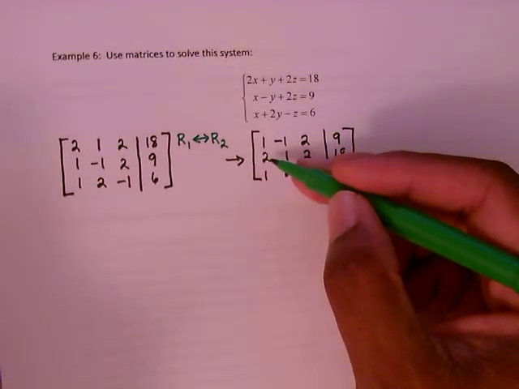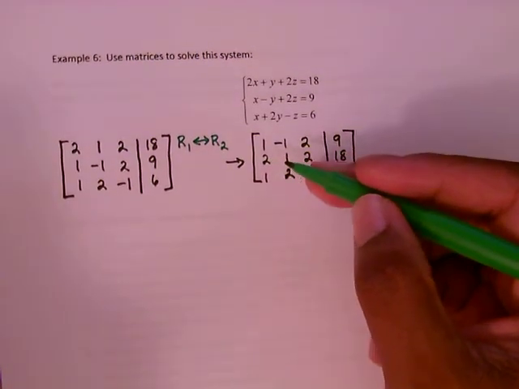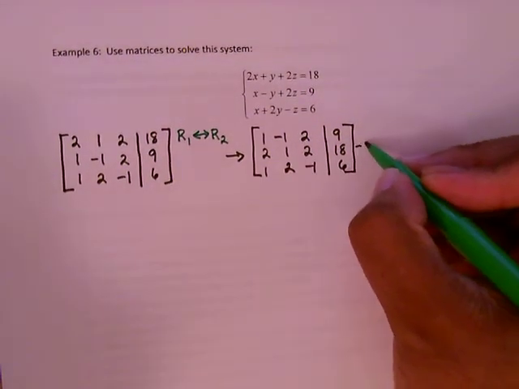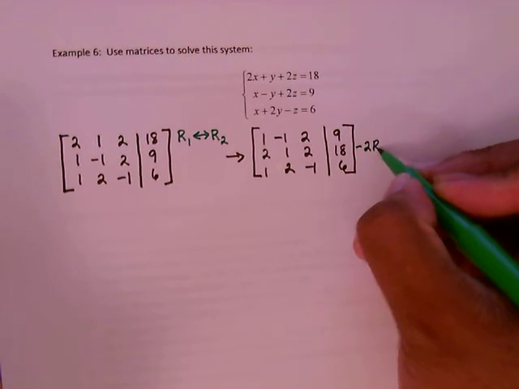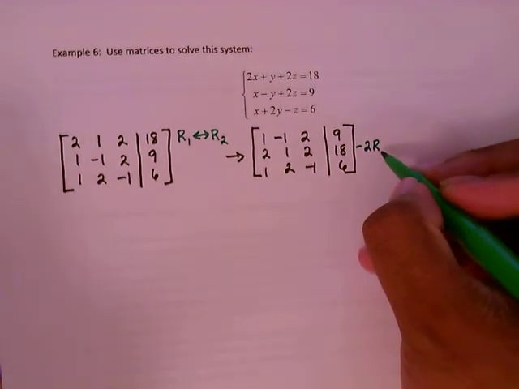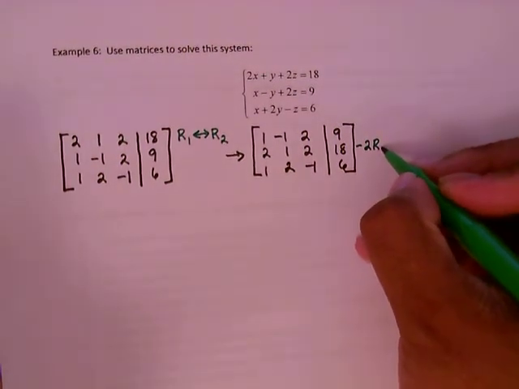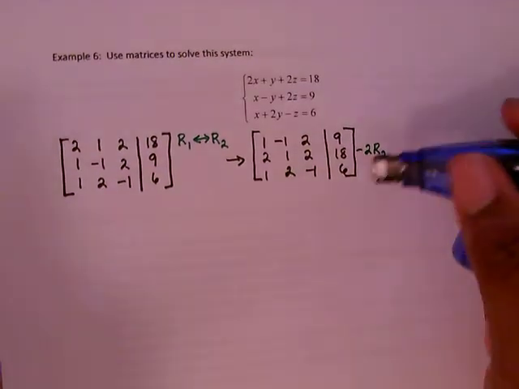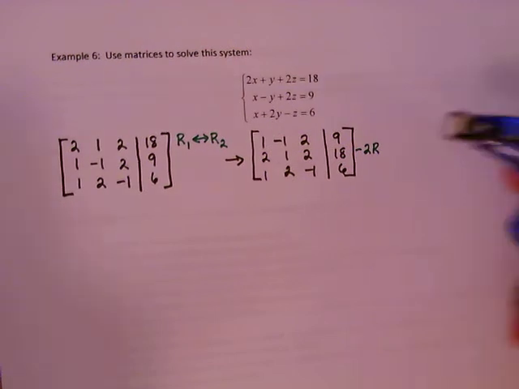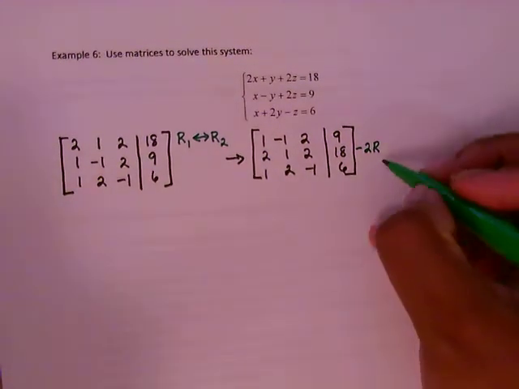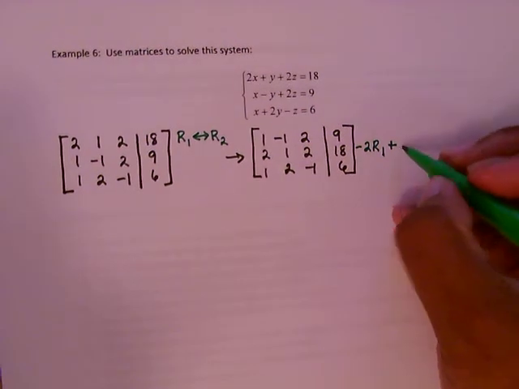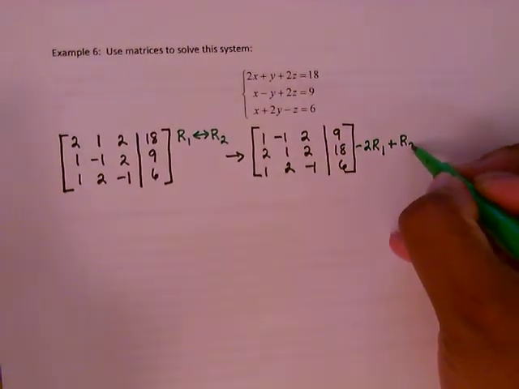If I want to make that 2 a 0, this is what I need to do. It's a positive 2, so I need to do the opposite of 2, which is negative 2. So I got to do negative 2 times each element in row 1. Negative 2 times row 1. Then I'm going to add it to row 2.